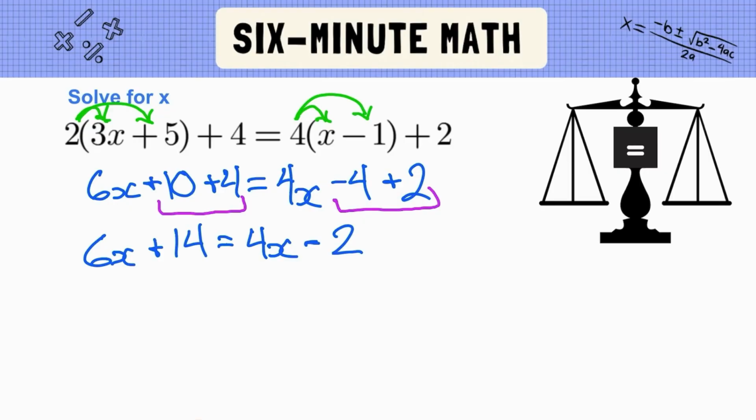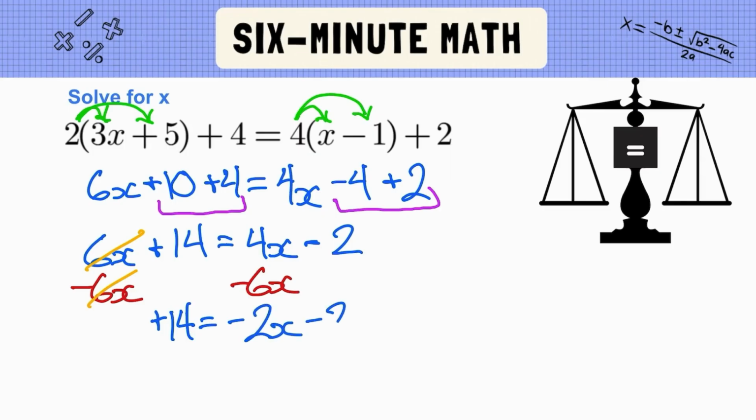For this specific example, I'm actually going to move my variables to the right. So I'm going to move this 6x. So I'll subtract 6x from both sides of my equal sign. 6x minus 6x cancel out, and I'm left with positive 14 equals 4x minus 6x is negative 2x minus 2.